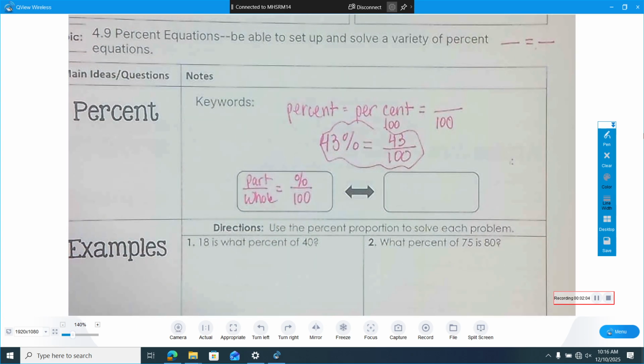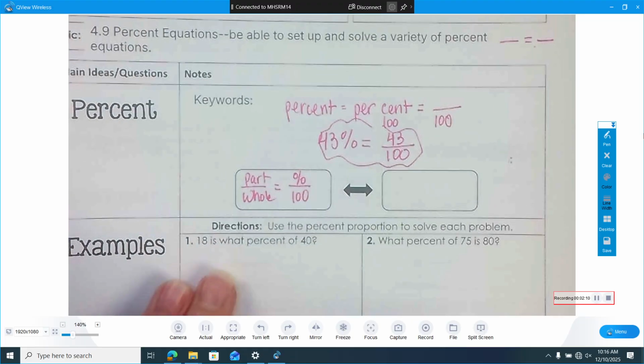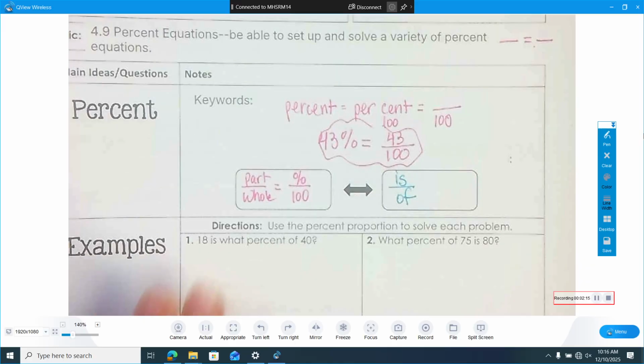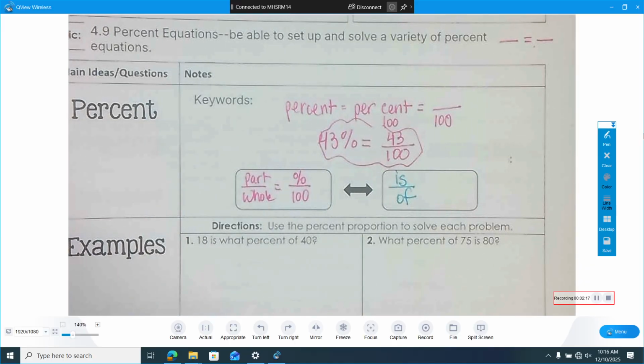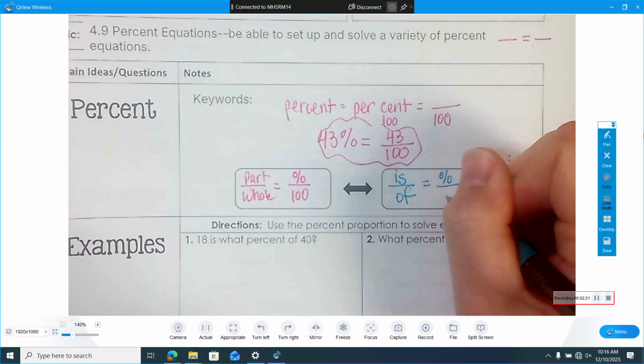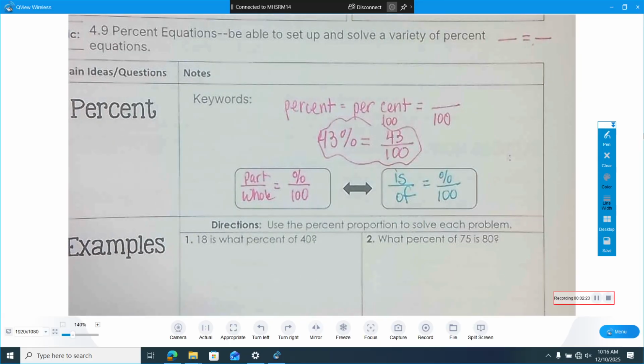It's a part to whole comparison, and that's really all we're doing. Some other keywords that you might see are like "is" and "of." So we have, again, equal to whatever percent out of 100.